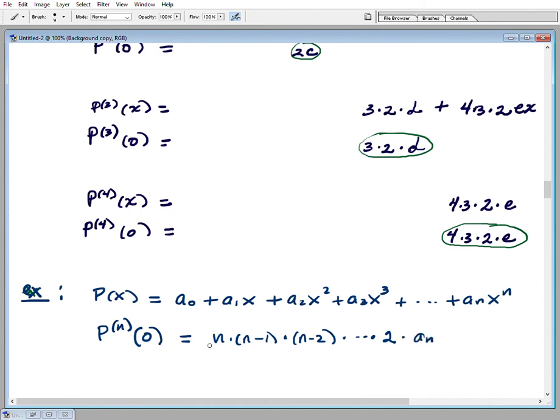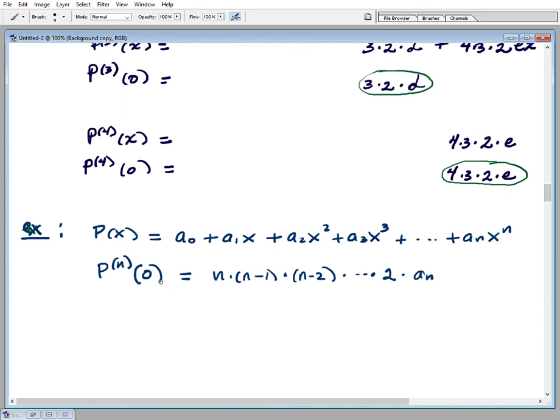That's what we're left with, from all the pulling down of exponents each time we took the derivative. We took n derivatives, times a_n. So that's what happens when we take n derivatives and substitute in 0. So how should we choose our polynomial so that the nth derivative matches up?